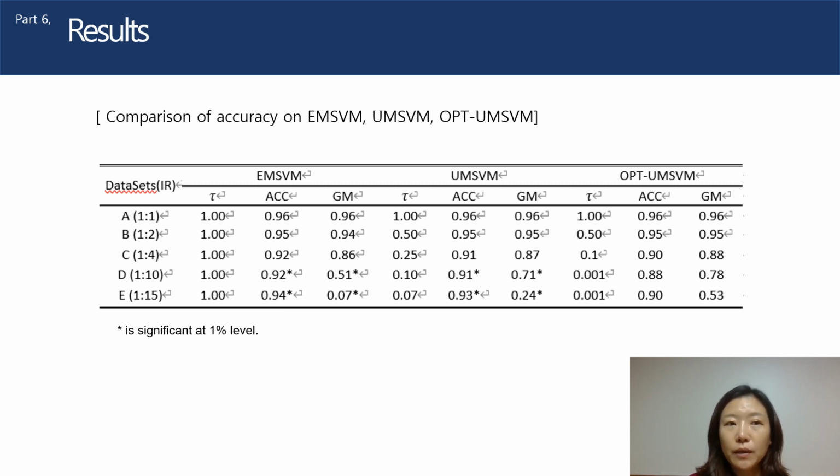Tau of OPT-UMSVM is the result of searching for tau by the threshold moving method. In this table, in all datasets, OPT-UMSVM shows the best geometric mean accuracy. In particular, it is significantly different in the highly imbalanced datasets D and E. This means that OPT-UMSVM is more robust than the other two methods.